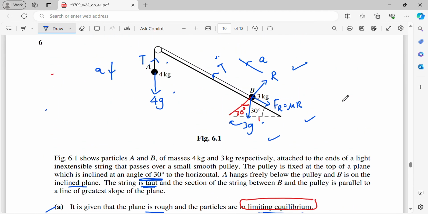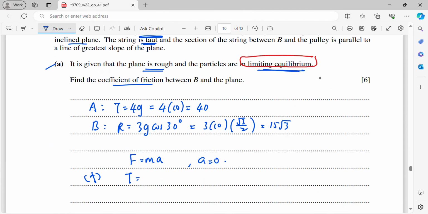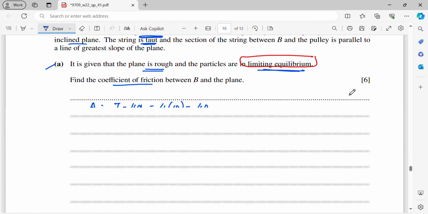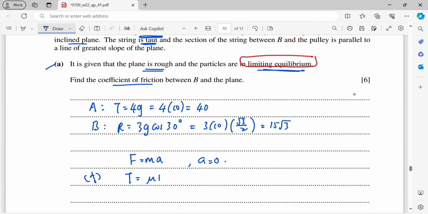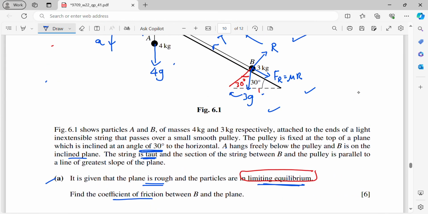Therefore, I will say that the upwards force is balanced by the downward force. So therefore, I will get T equals, now the downward force is Fr. Fr is mu R. So here I will write mu R plus 3g. Now when I resolve this 3g parallel to the plane, I'm going to use the 30 degrees, but 30 degrees is not the angle over here.